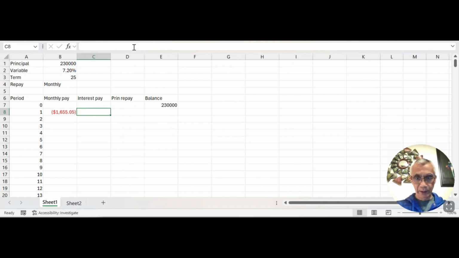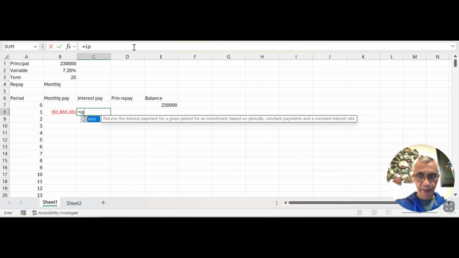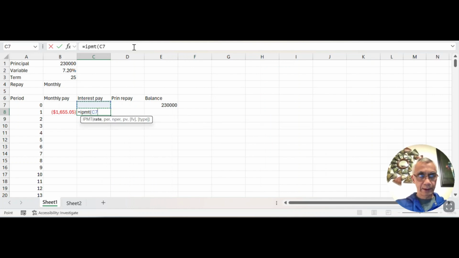So the interest repayment formula is equals IPMT. The rate is that again divided by 12 for monthly. And then the period is this one. And the number of periods is again that term times 12.